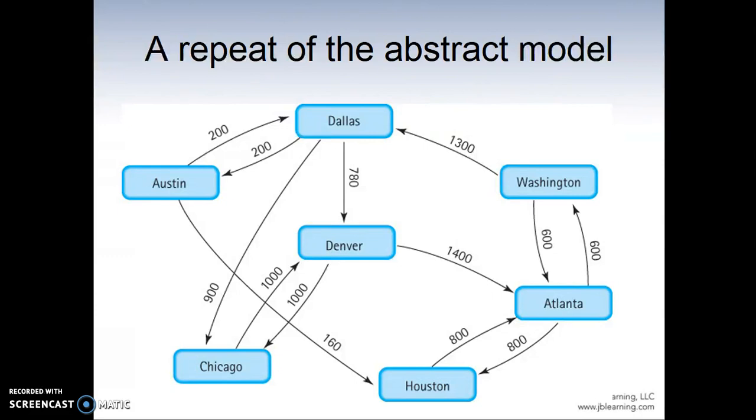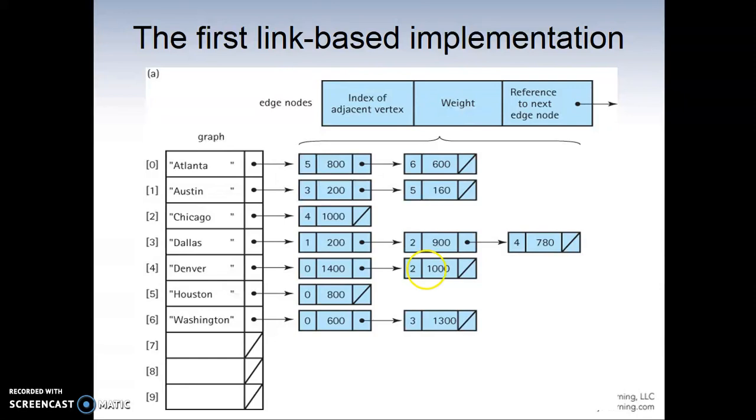So we're going to use the same example. This is the first approach. We set up an array of vertices, and the array also links to the list of nodes, or edges. We create a node that has the index of the adjacent vertex, with the weight and the reference to the next edge.